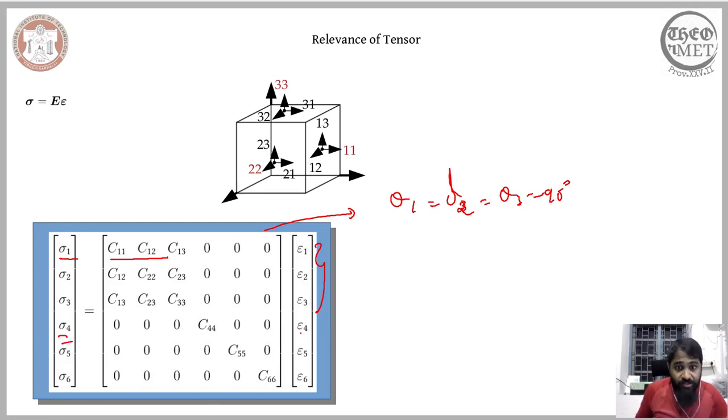Your shear stresses will contribute to your specific shear strain. Now ultimately what you observe is that the number of non-zero entries has significantly reduced, or to put it another way, the number of zero entries in the stiffness matrix has significantly increased.